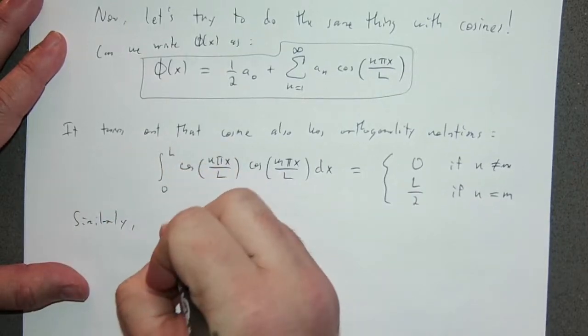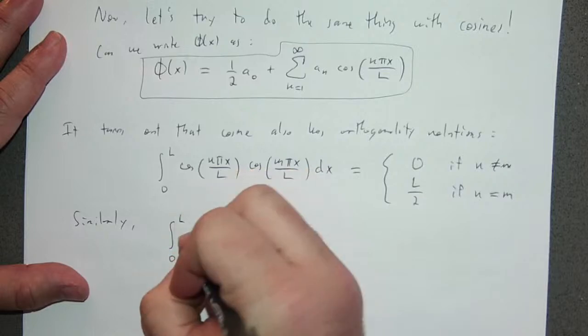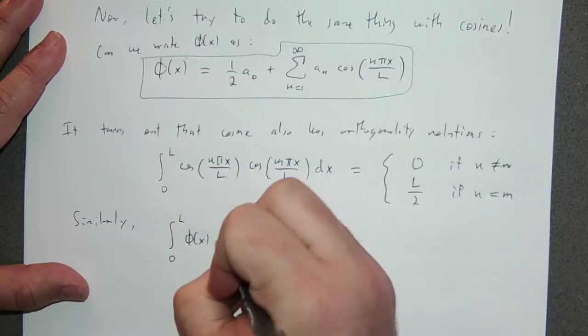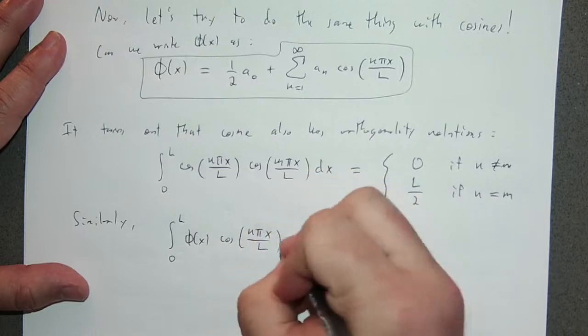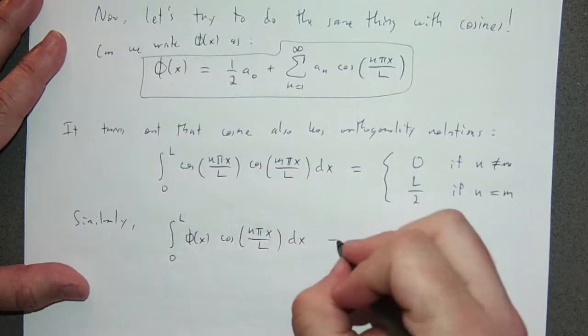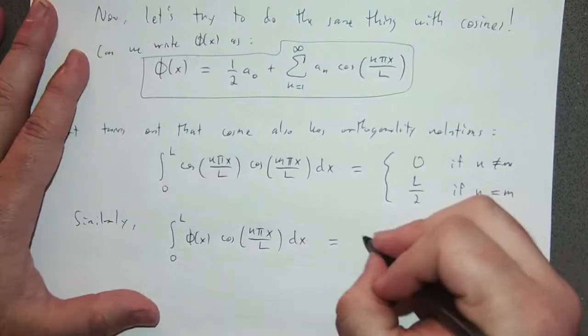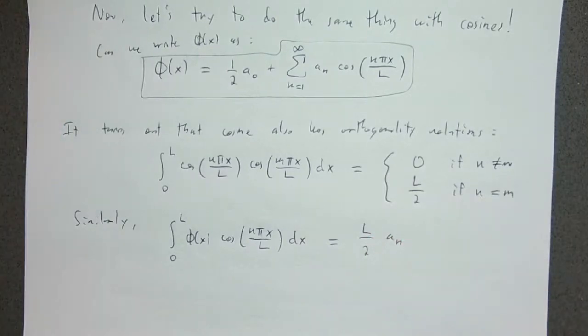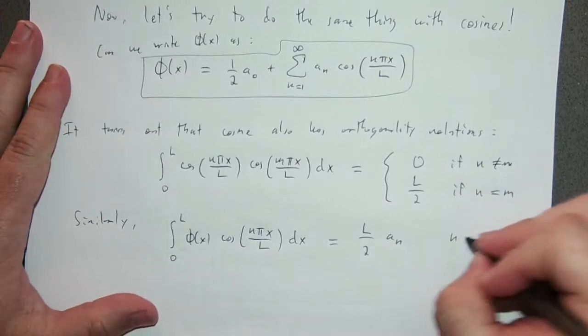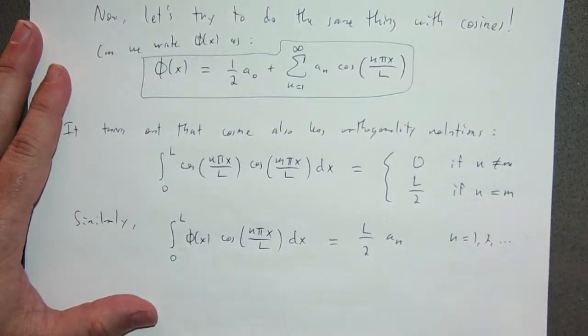And so, similarly, if we integrate from 0 to L phi of x against cosine of n pi x over L dx, what I get is that this is equal to L over 2 times a sub n for n equals 1, 2, and so on.